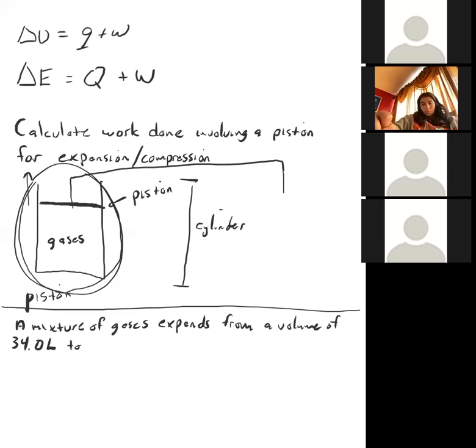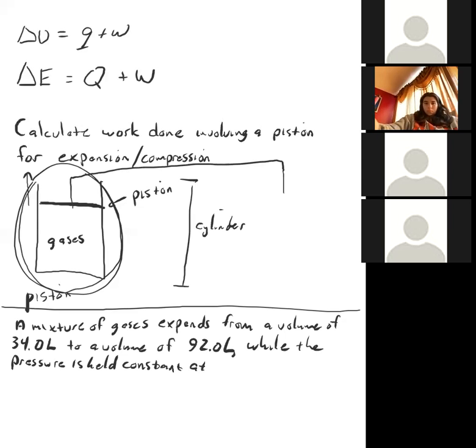To a volume of 92.0 liters, while the pressure is held constant at 33.0 atmospheres. That's a very high pressure. Okay, remember the Earth is at 1 atmosphere pressure, so that's a pretty high pressure. Calculate the work done on the gases.